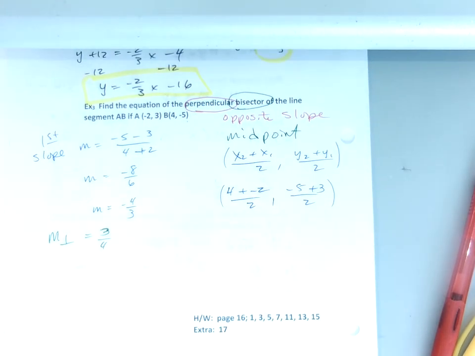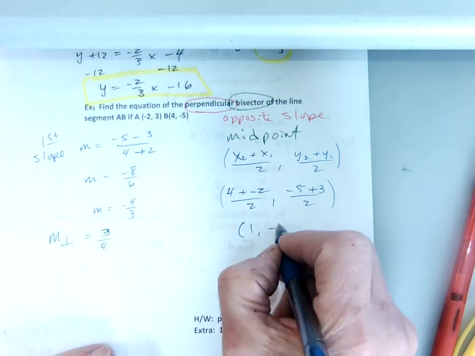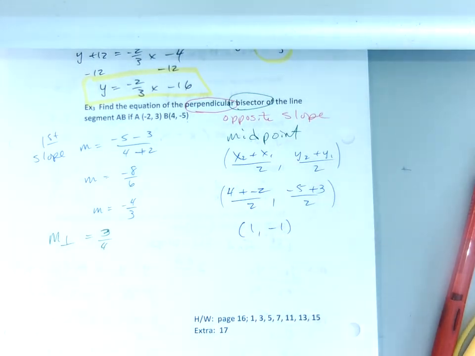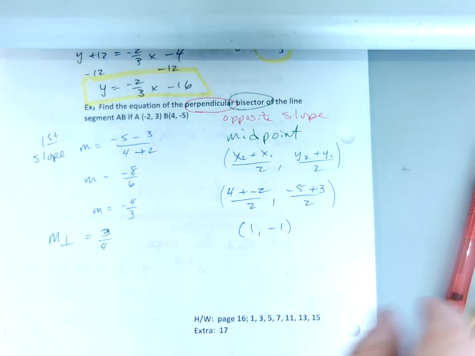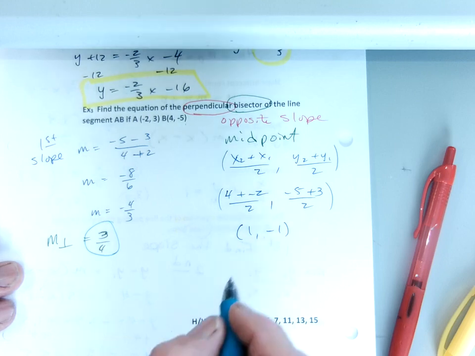That's just my midpoint formula. Yes, you can graph this, but I want to do it algebraically because you won't be able to graph them all the time. I get 2 over 2, so I get 1. I get negative 2 over 2, so I get negative 1. That's my midpoint. So two important pieces I need: I've got my slope, and I've got my midpoint.